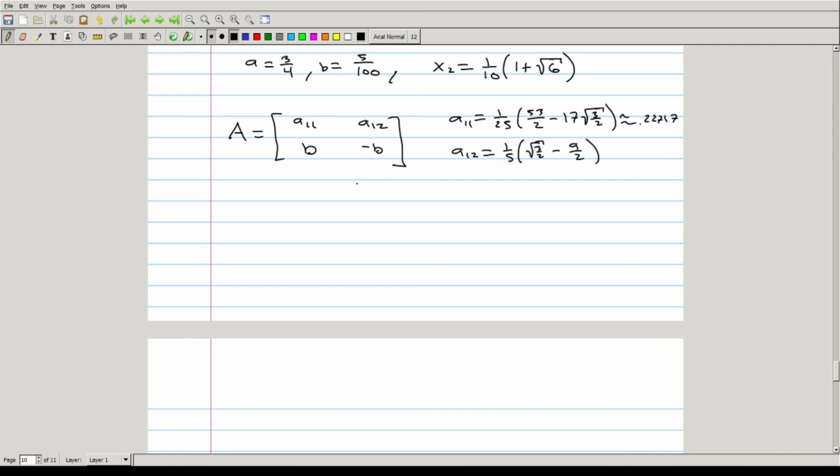Because this is a 2x2 matrix, we know how to classify the critical points.